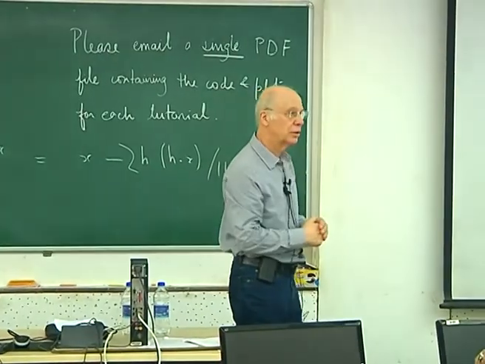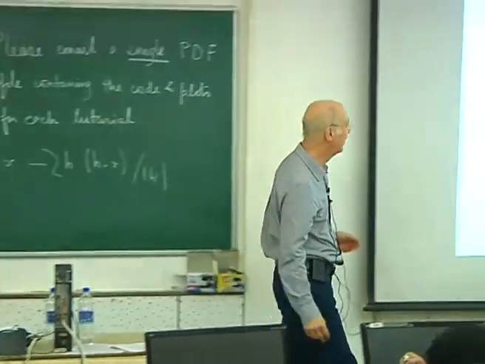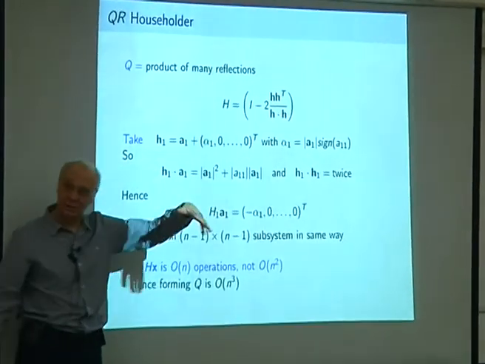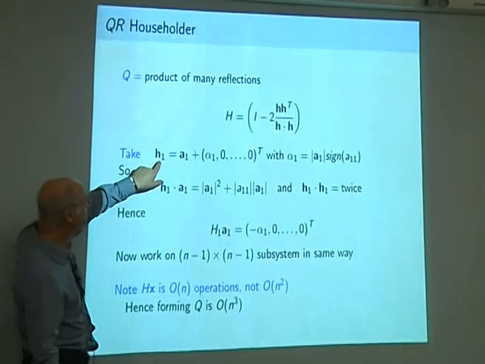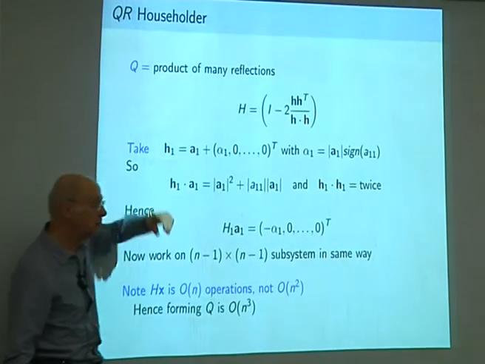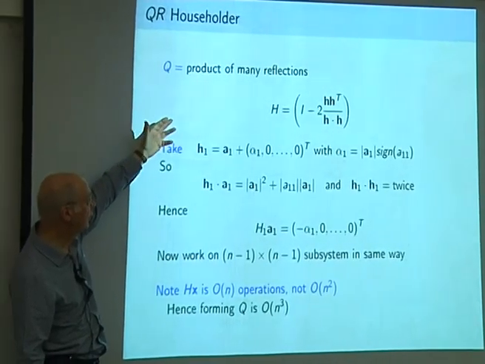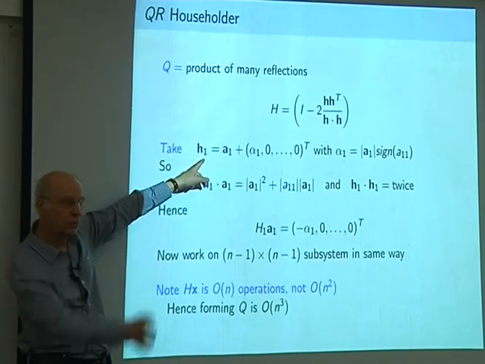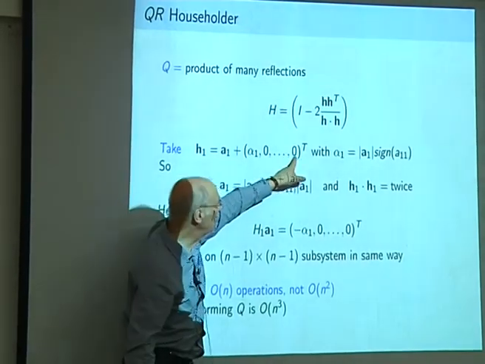Okay, now you'll see how this works. There's going to be n reflections. For the first one, you need H1 for reflection 1. You take a vector which is in the direction of the column of A, and you add just a little bit to it.